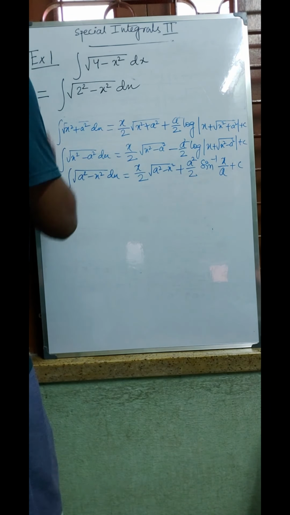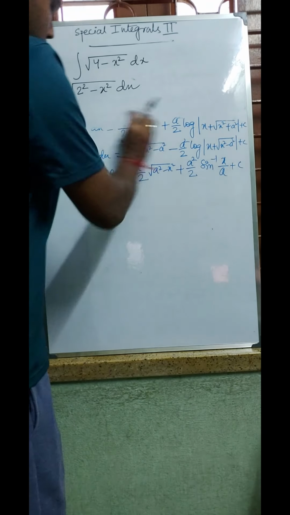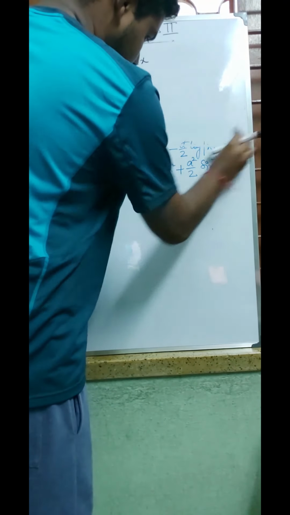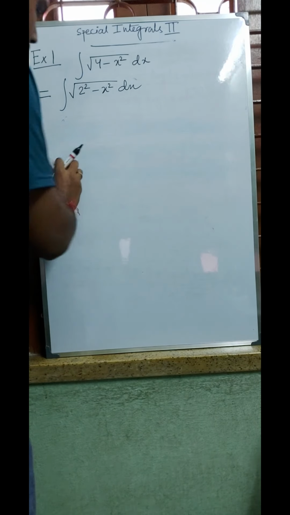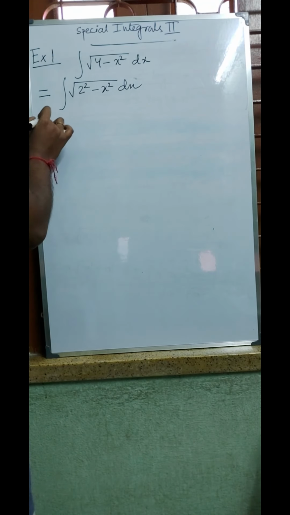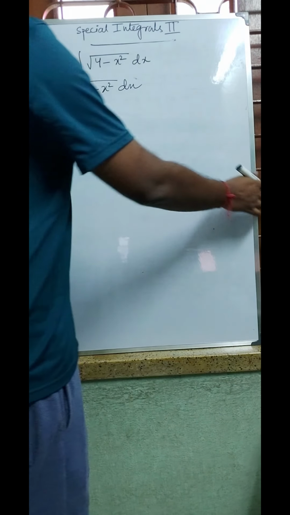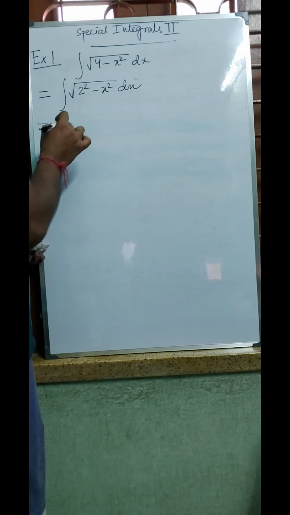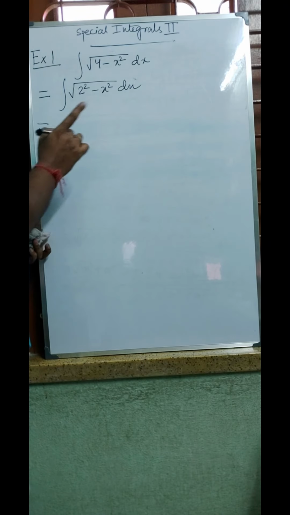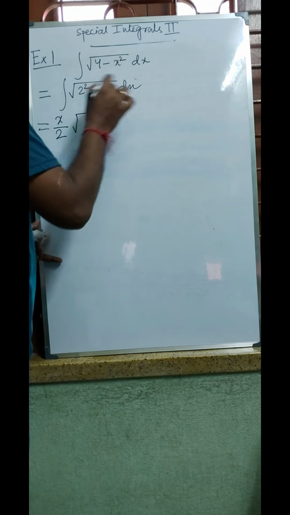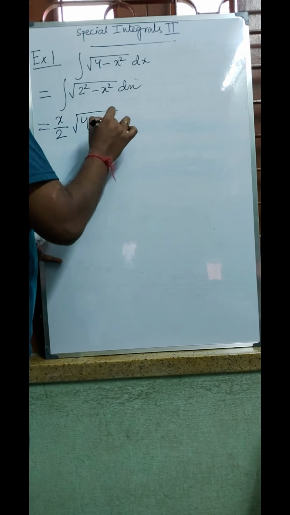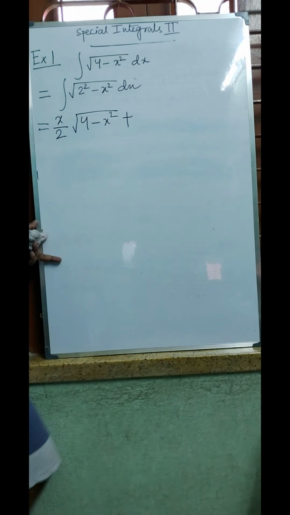And so just going by the formula, this will become x by 2 times root of 2 square minus x square, that is 4 minus x square, plus a square by 2.